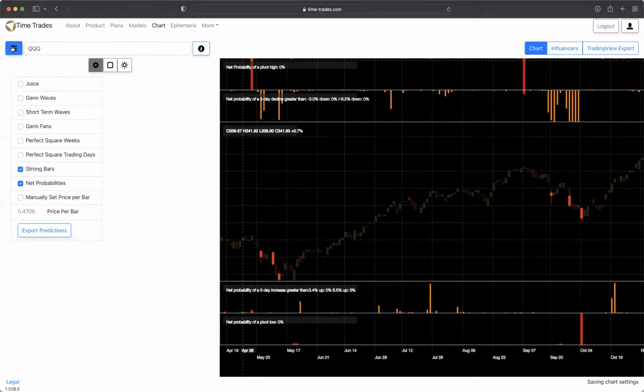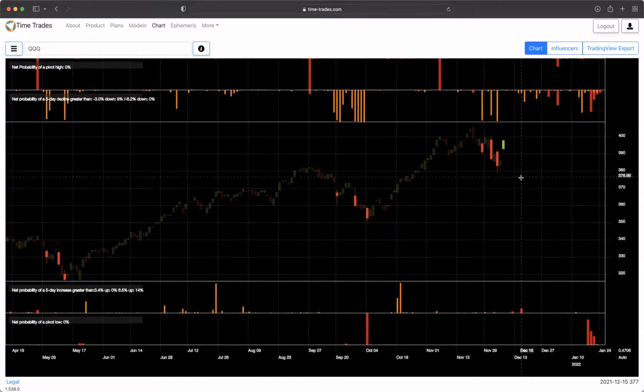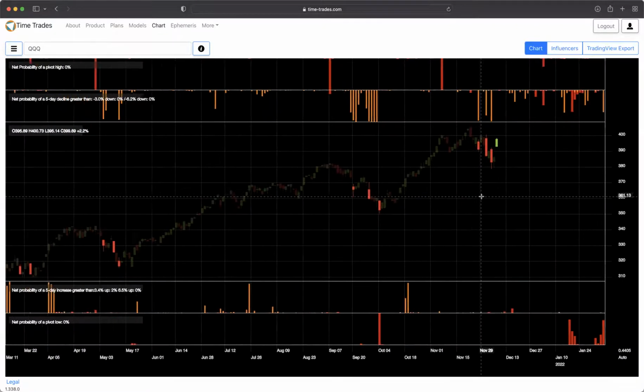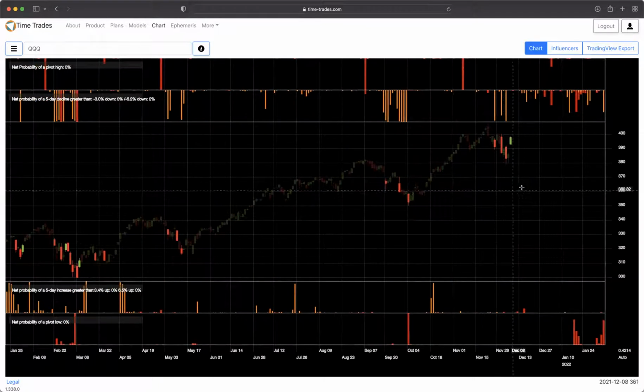Strong bars will simply shade the bars when I believe they are more than 2 standard deviations, okay? So this will identify the price bars that have more than a 2 standard deviation price change. So this way, it's easy for you to identify those. Sometimes they happen at the end of trends.